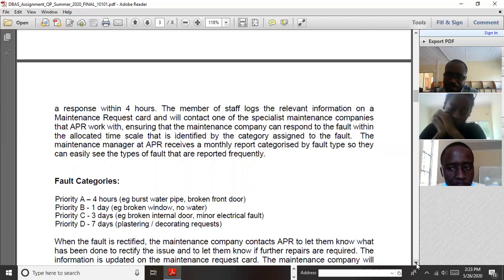It needs to be handled as soon as possible, isn't it? Yeah. So you have to report to the landlord that I've got a broken pipe, water pipes, maybe the doors and so on.